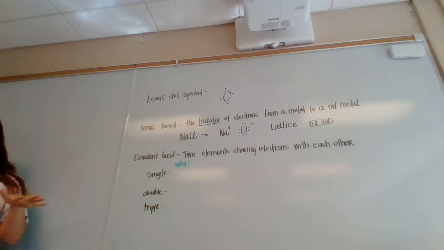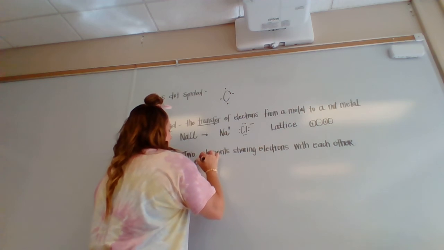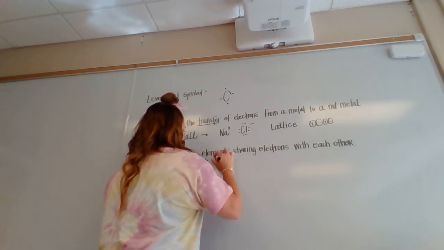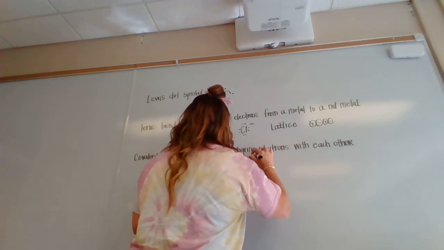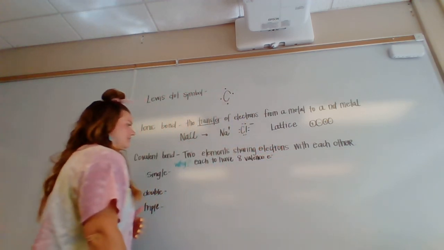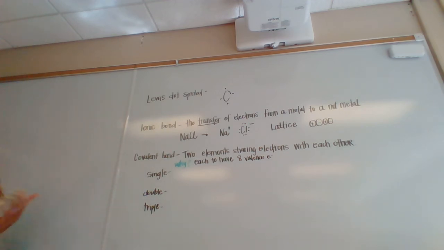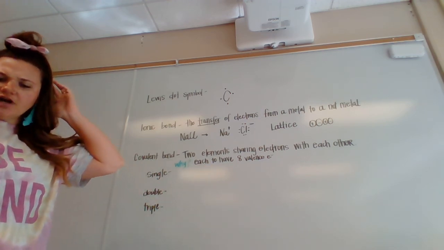So most of the time, the goal is for each element to have 8 valence electrons. There are some exceptions to that, of course, but for a majority of them, that's it. And this is called the octet rule.